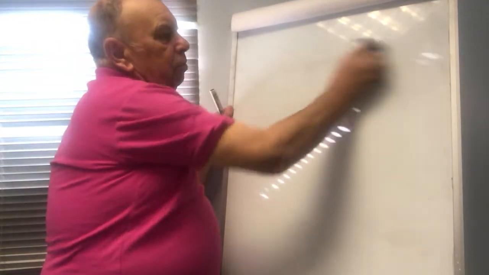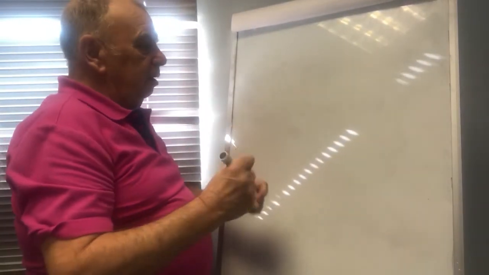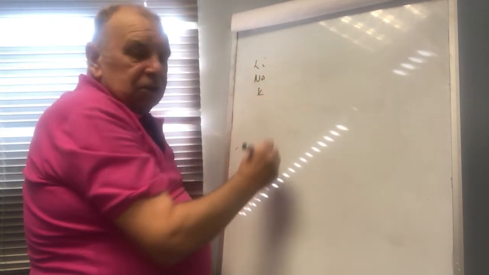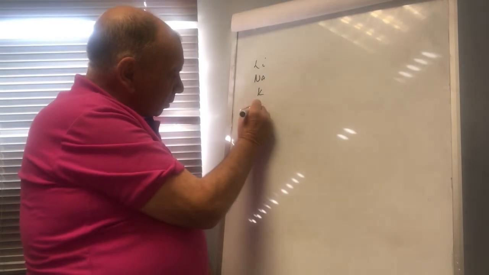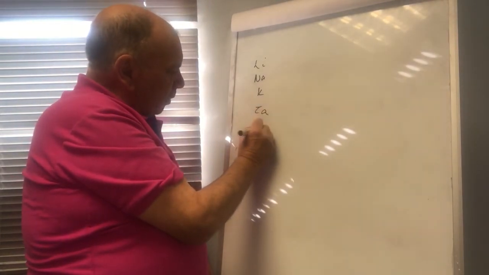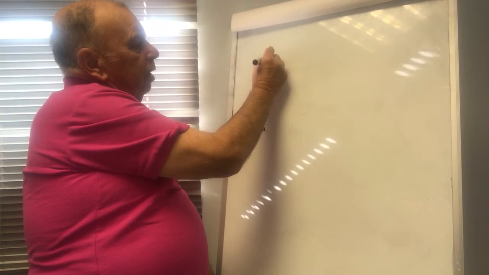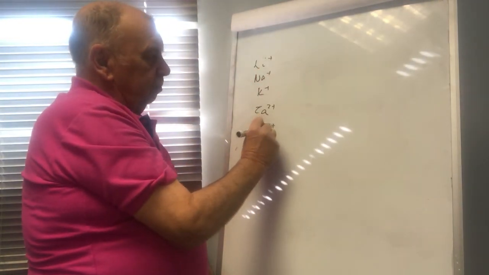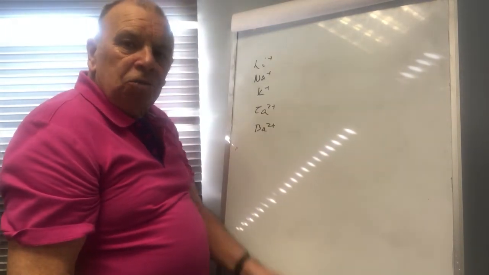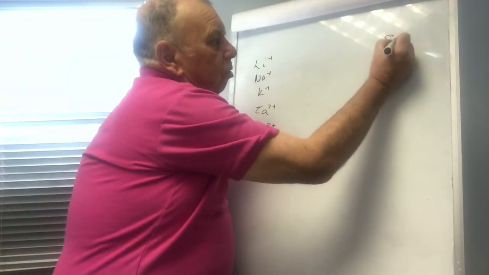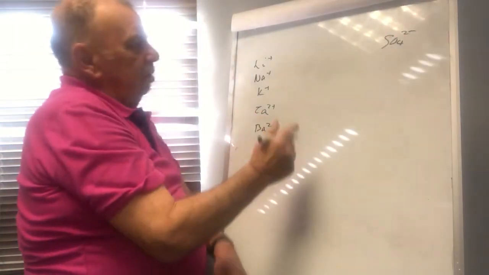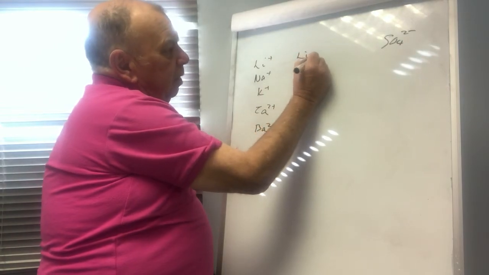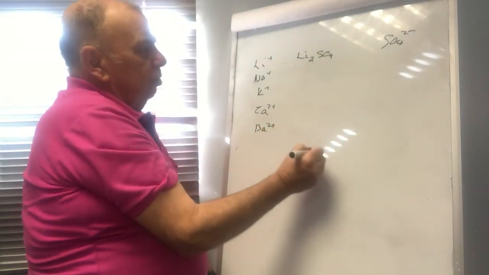Let's take some more examples. Let's take lithium, sodium, potassium, calcium and barium. I know that that's plus, plus, plus, 2+, 2+. Let's look at the sulfates of these. SO4 2-. This is 1, that is 2, therefore it's going to be Li2SO4.